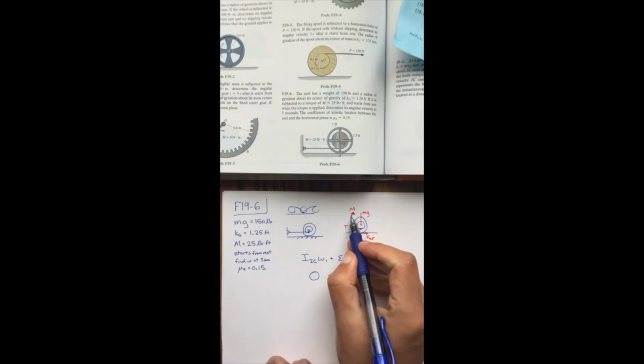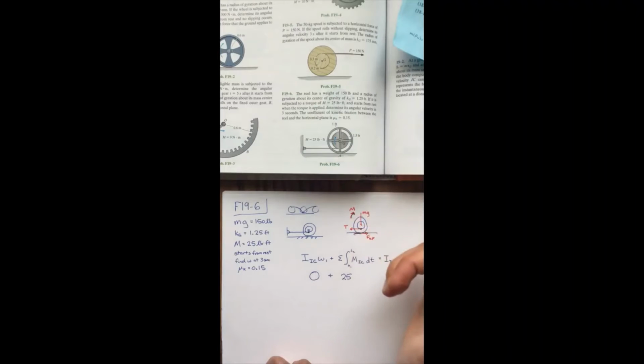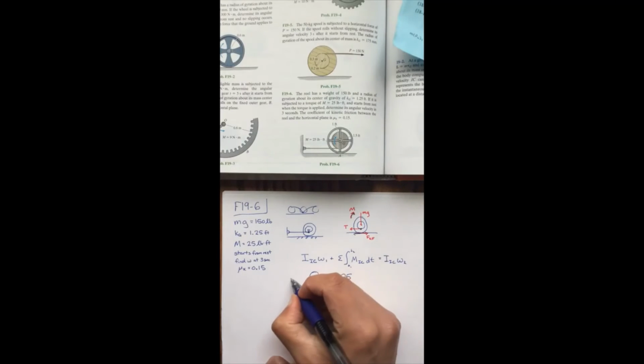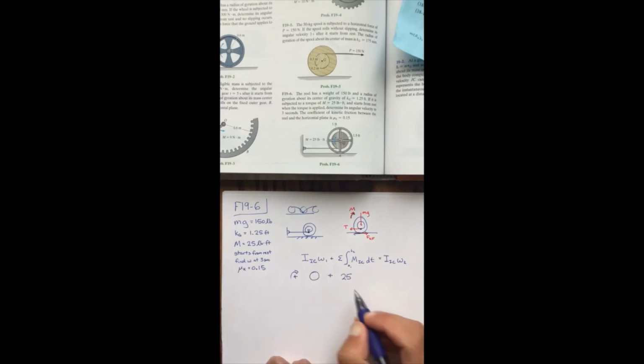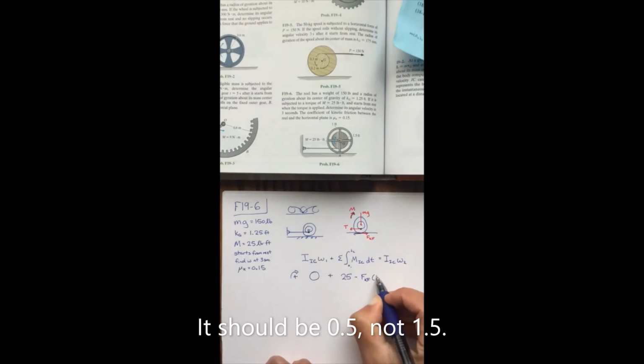The torque does, that's in the positive direction, that's 25. And the force of kinetic friction, that would cause rotation this way. So let's say we're summing it up with this being the positive direction. So the 25 is positive, and then we have minus force of kinetic friction times that distance from here to here is 1.5.